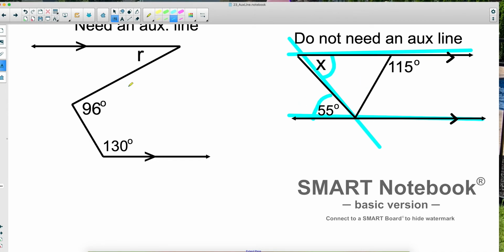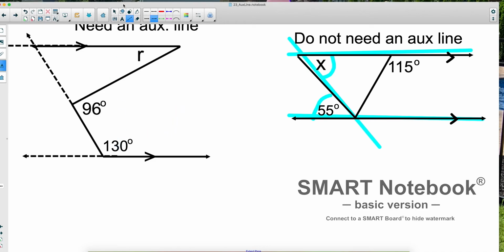Now over here, if I need to figure out the measure of angle R, the first step is definitely going to be to extend some lines. I'm going to extend this line. I need to find R. So maybe I go as far as extending this up here to create this transversal, like this.